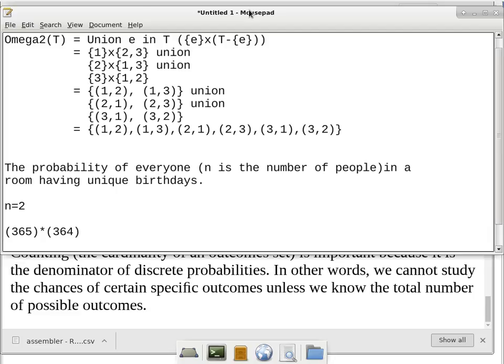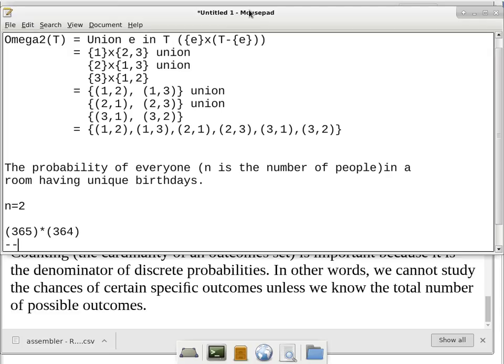Whether I have May 4th or you have May 4th is important because they are considered 2 different configurations. That's why we are not dividing this by 2 factorial, because we are not counting combinations, we are counting permutations.